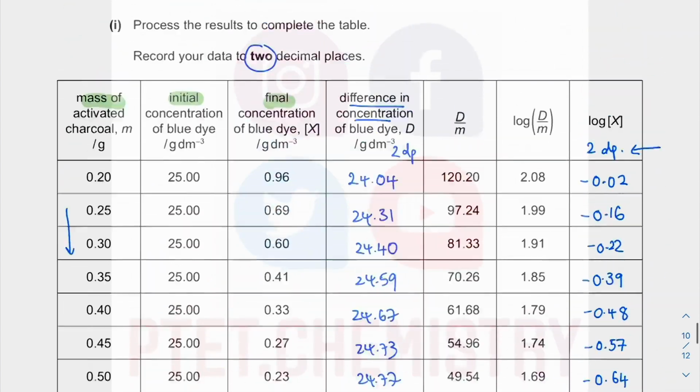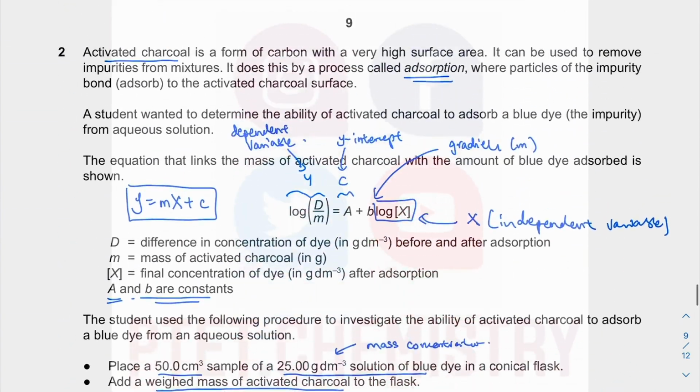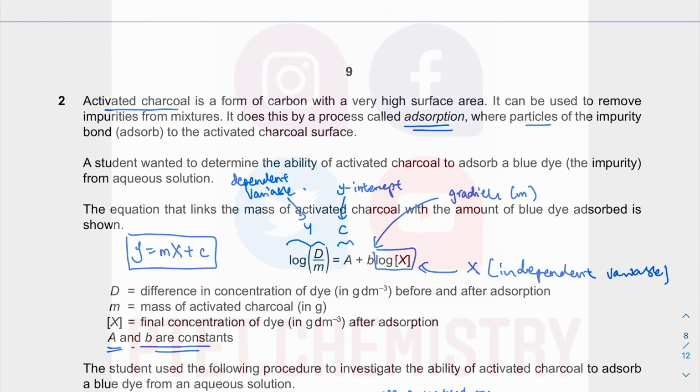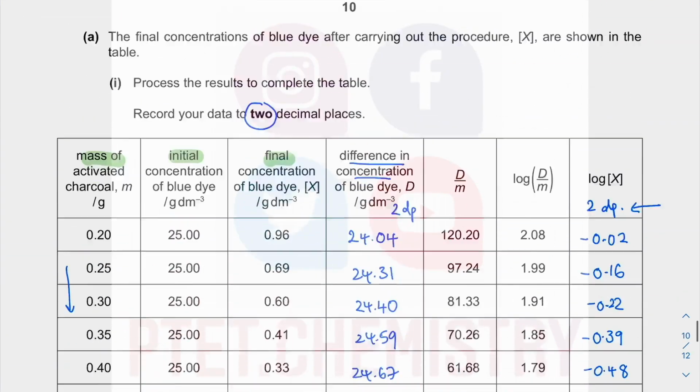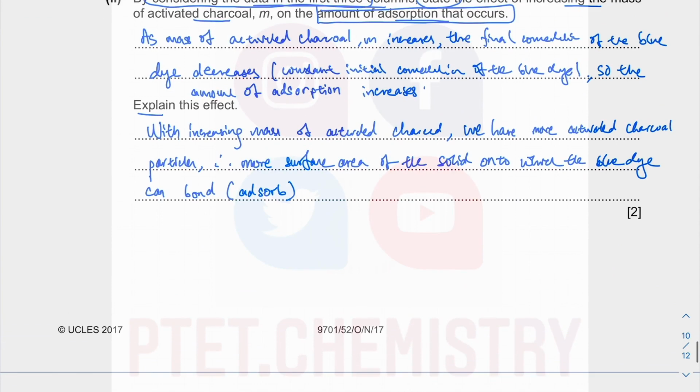In fact, they use bond and adsorb if you bother to read the equation earlier, where the particles of the impurity bond or adsorb to the activated charcoal surface. See that? That was the third line of the original question, so you're supposed to read through that first. Bond or adsorb to the surface. So I talked already about the surface onto which more of the blue dye can bond or adsorb to.